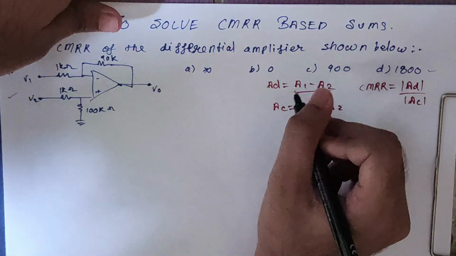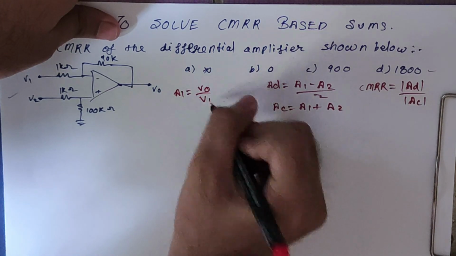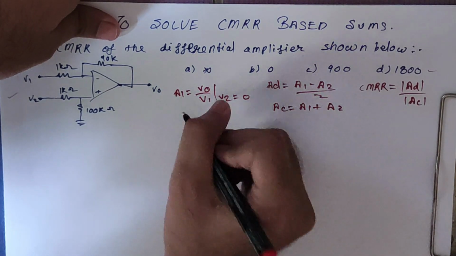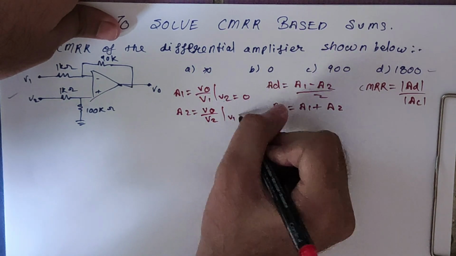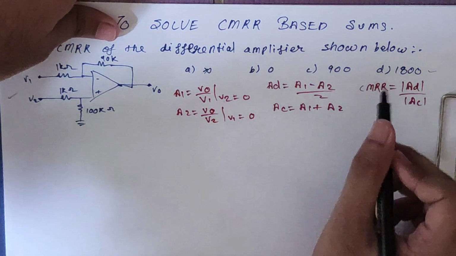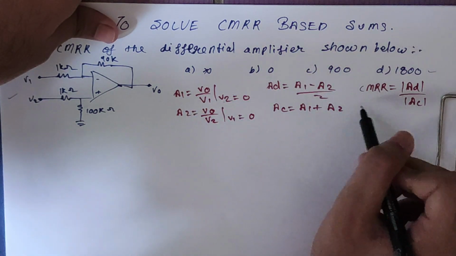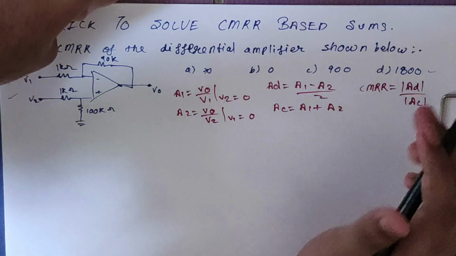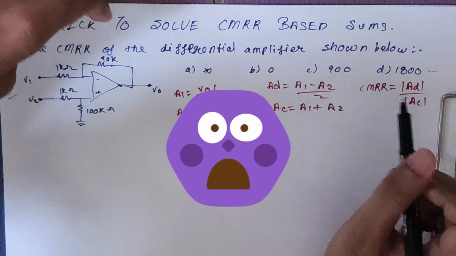And what is A1? A1 is VO by V1 when V2 equals 0. A2 is VO by V2 when V1 equals 0. So basically you have to find all these parameters from the start to the end to get your answer. You will spend almost 2 to 3 minutes to get your answer, okay?